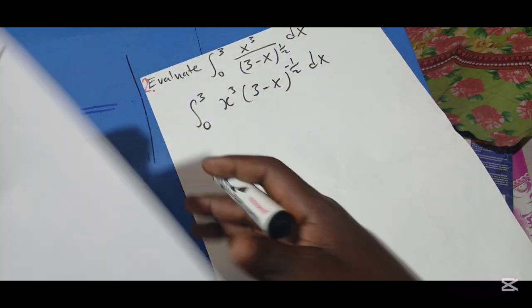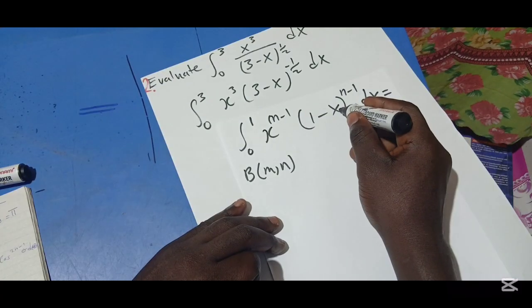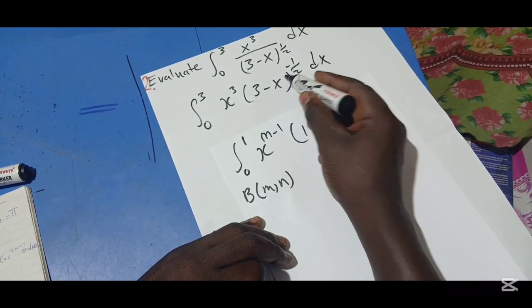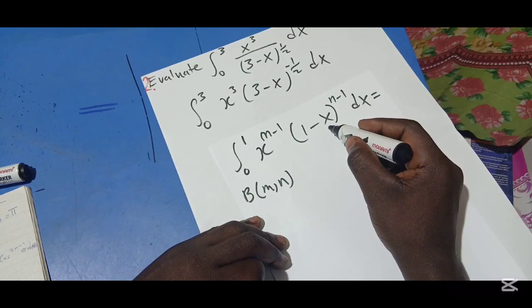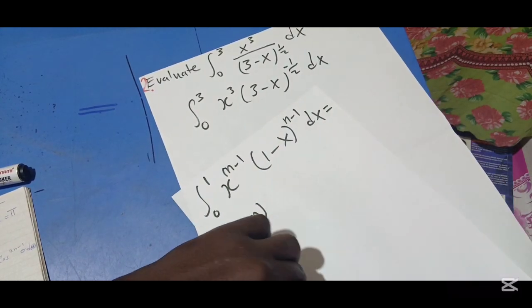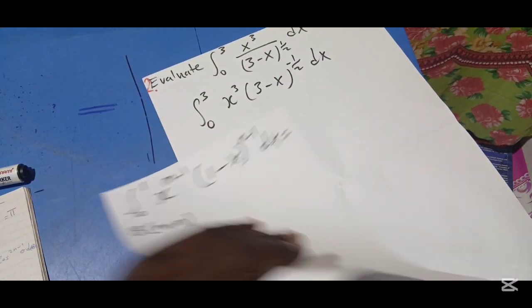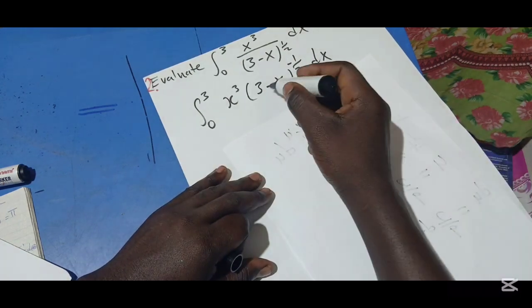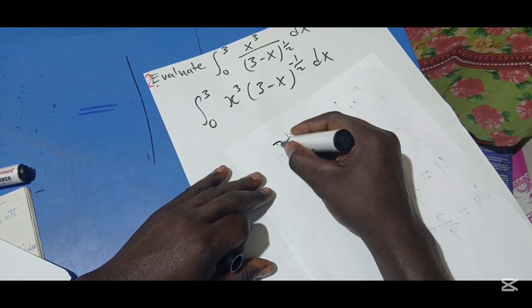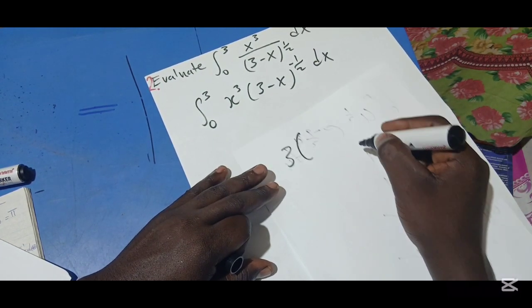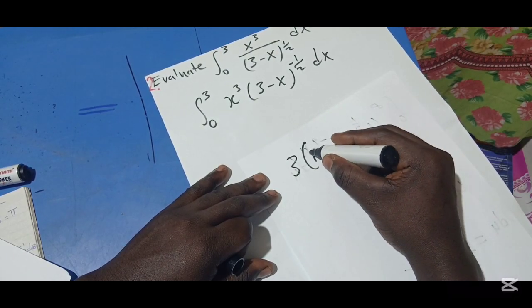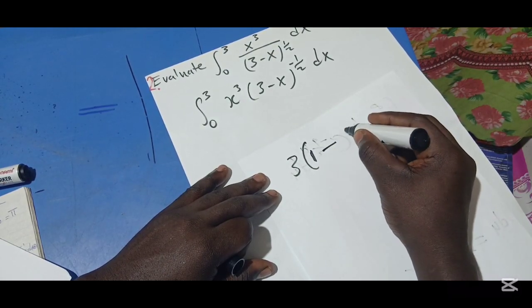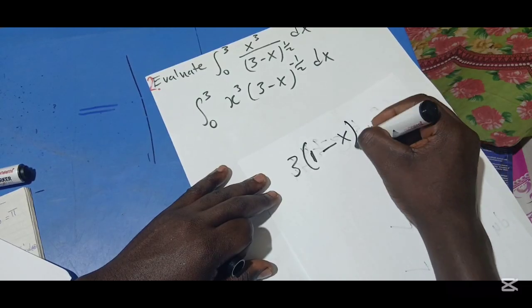Now this problem should be of the form 1 minus x. And now that we have 3 minus x here, we have to massage this to look like that. What I recommend is to bring this 3 out: you open your bracket, write 1, and write minus x, and close your bracket.